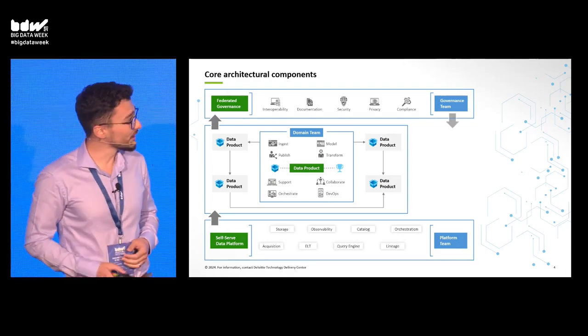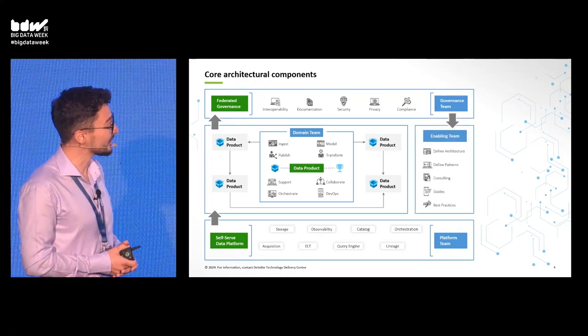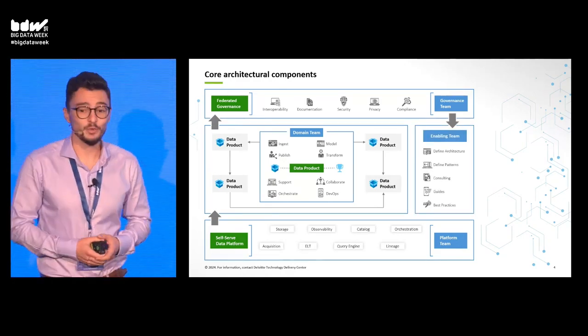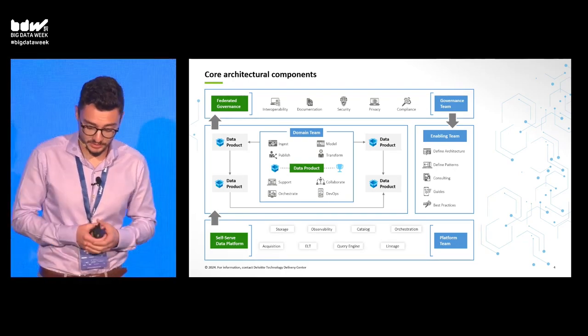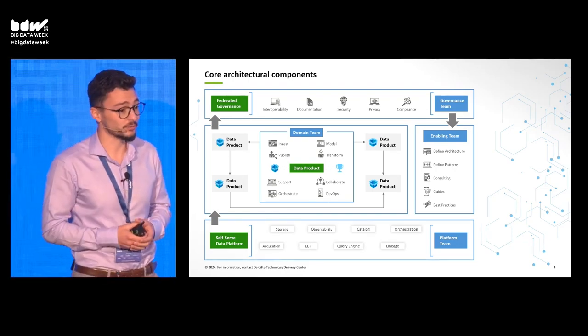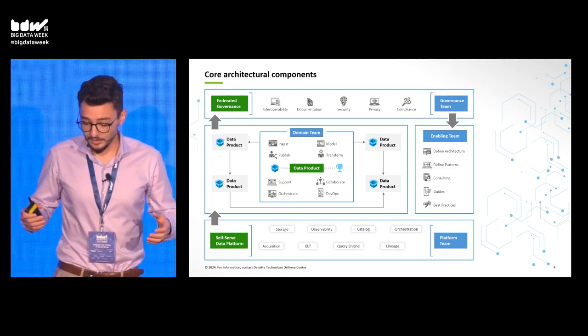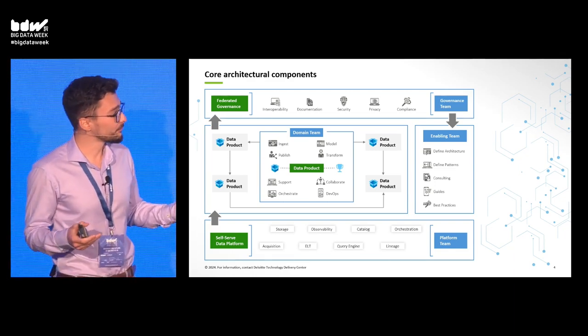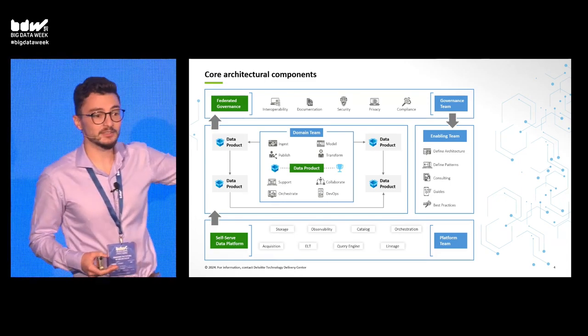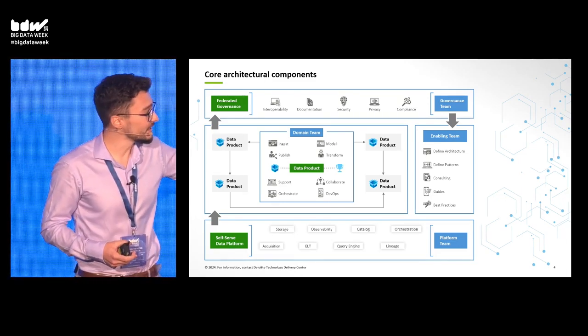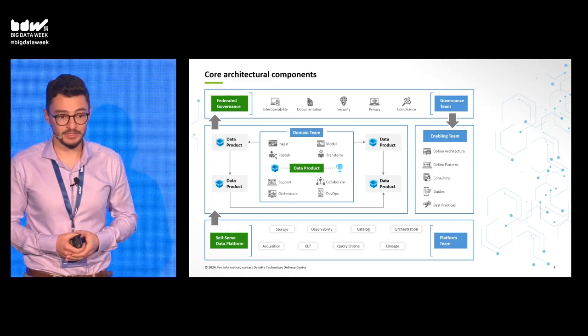And this takes us to the last part of the data mesh architecture, which is the enabling team. This enabling team serves as a vital support structure, because they provide guidance through defining architectures, defining patterns, offer consultancy, and also defining best practices.